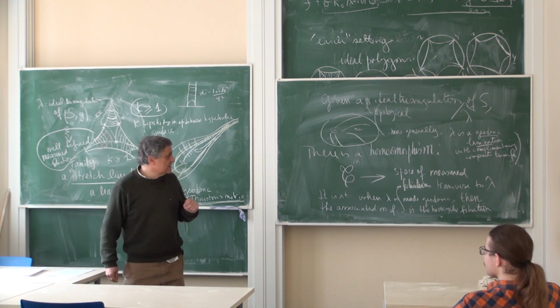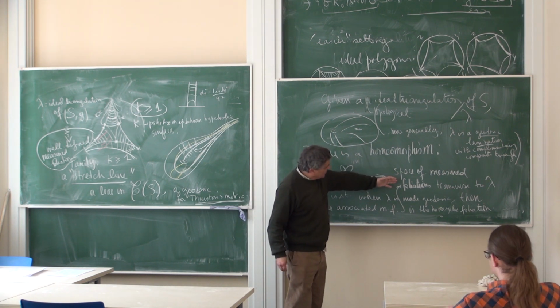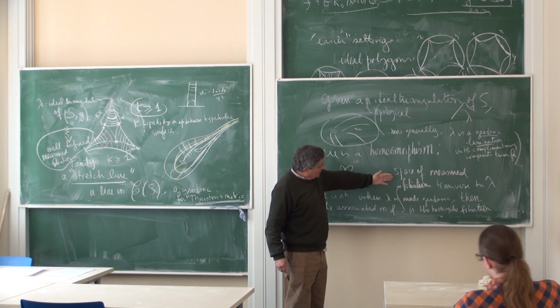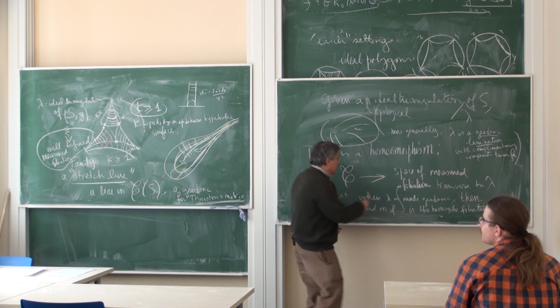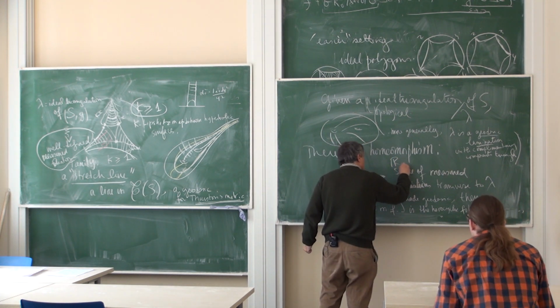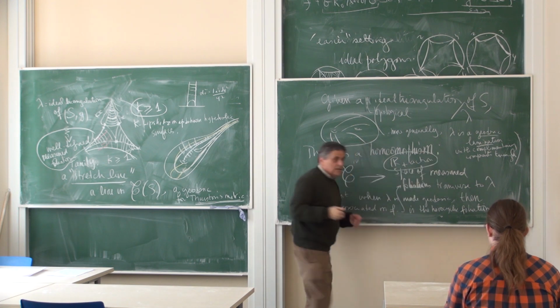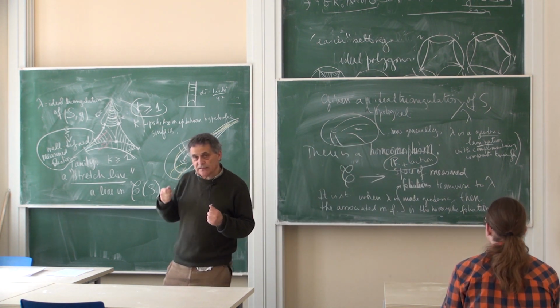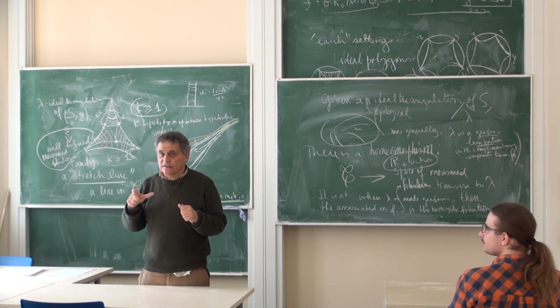A stretch line is defined via this passage here to measured foliations, and in this parametrization there's an R plus action. There's an action by the positive reals on the space of measured foliations, just multiplying the transverse measure by a constant.